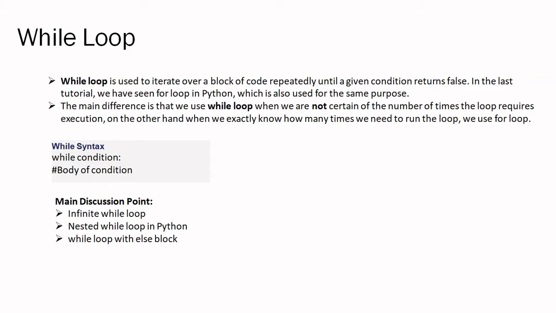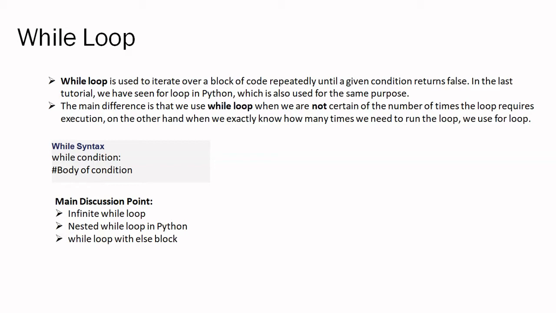On the other hand, when we know exactly how many times we need to run the loop, we use the for loop. So this is the syntax of the while loop, and the major components we'll discuss here are the infinite while loop, nested while loop in Python, and while loop with else block.